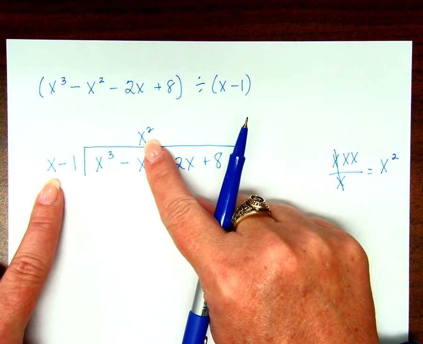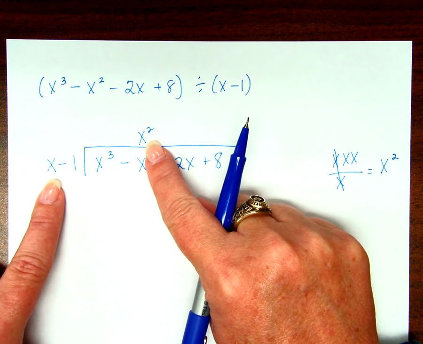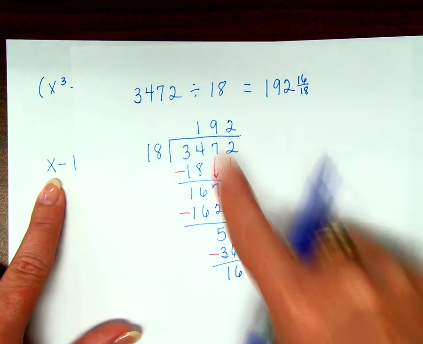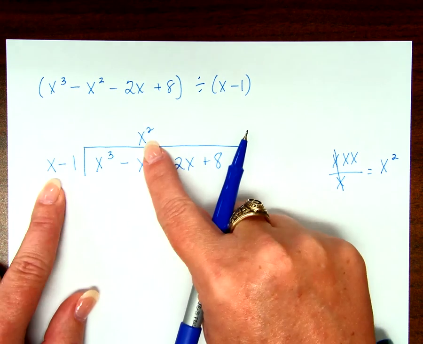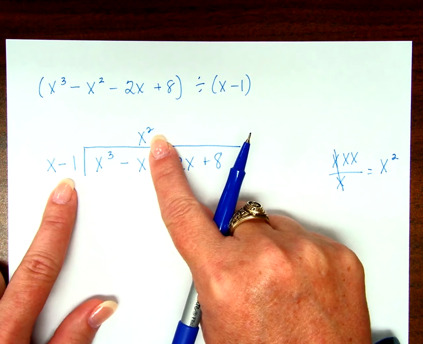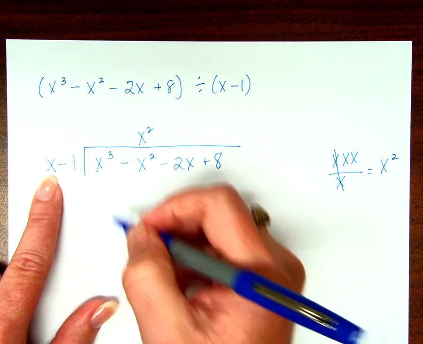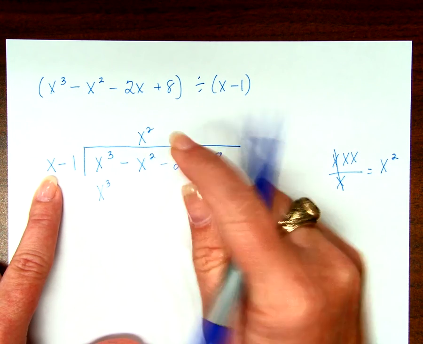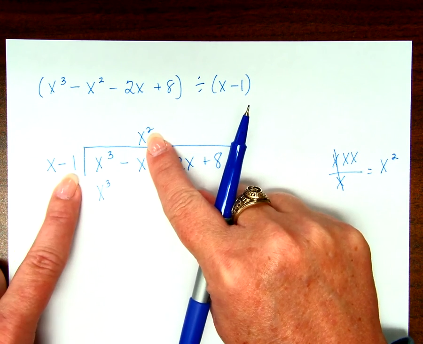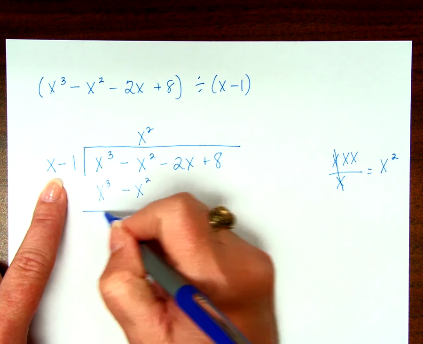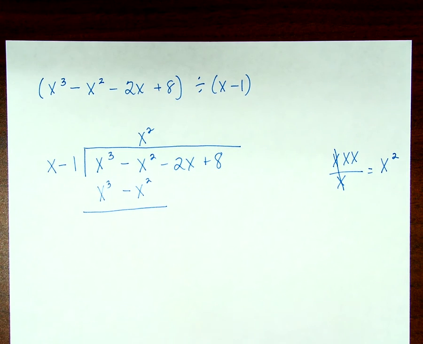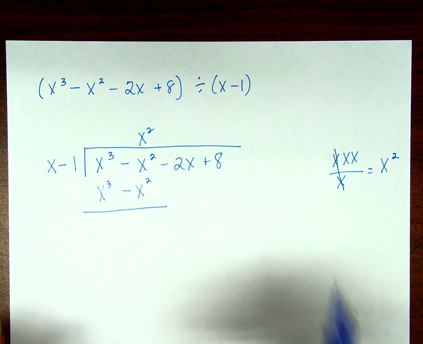What do I do now? What did I do with the 1 and the 18? I multiplied it, right? What do I do with the x squared and the x minus 1? Multiply. What's x squared times x? X cubed. What's x squared times negative 1? Negative x squared. Now what? Subtract. Okay?